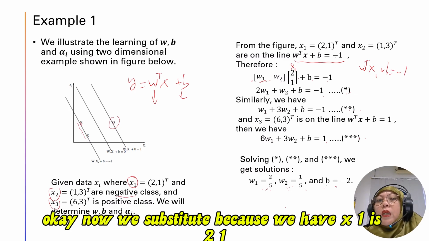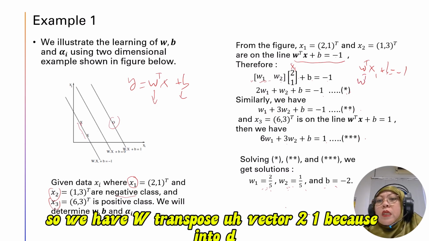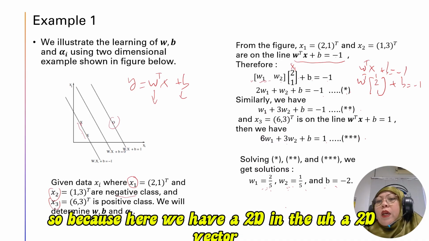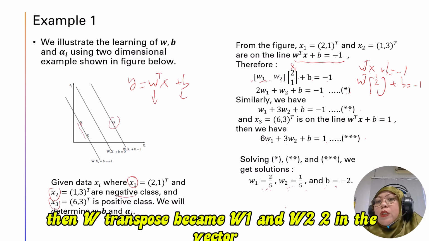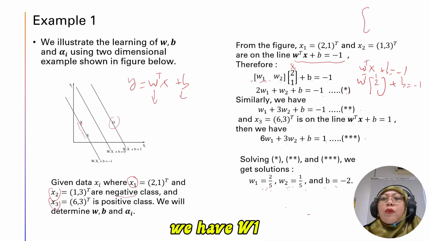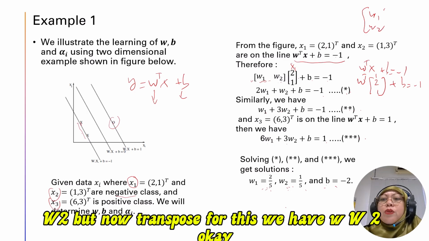Now we substitute, because x1 is (2, 1), so we have W transpose times the vector (2, 1) plus B equals -1. Because we have a 2D vector, W transpose becomes the row (W1, W2).